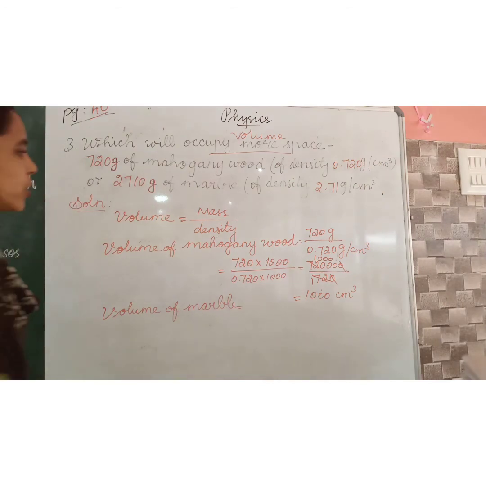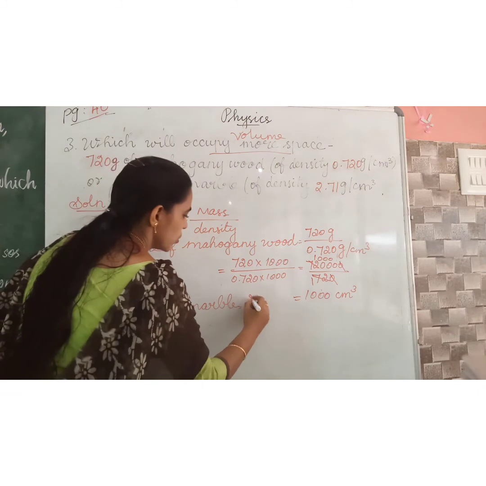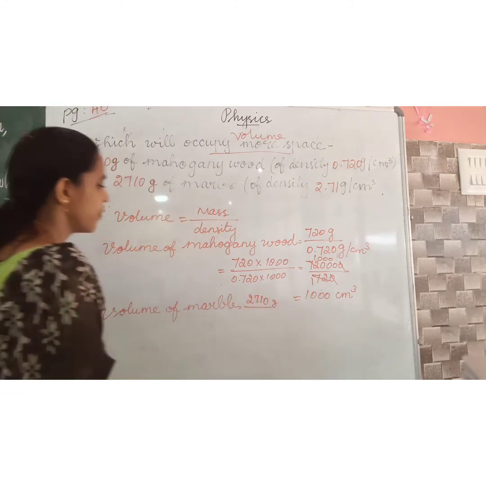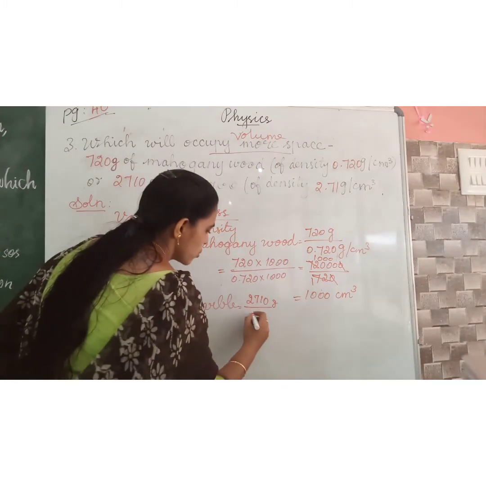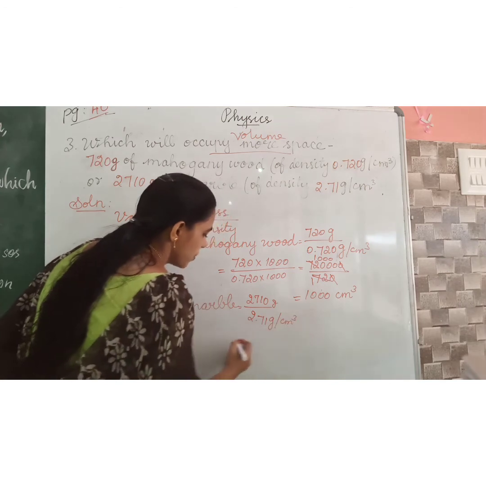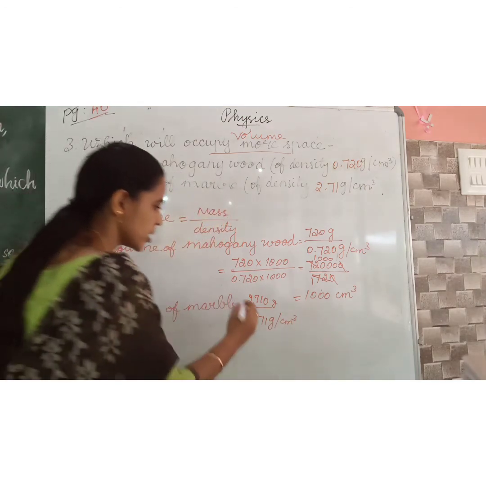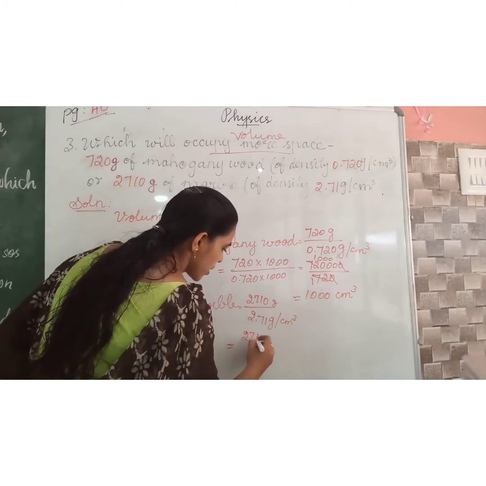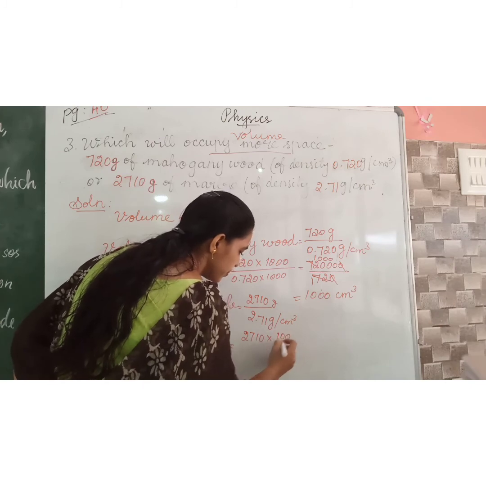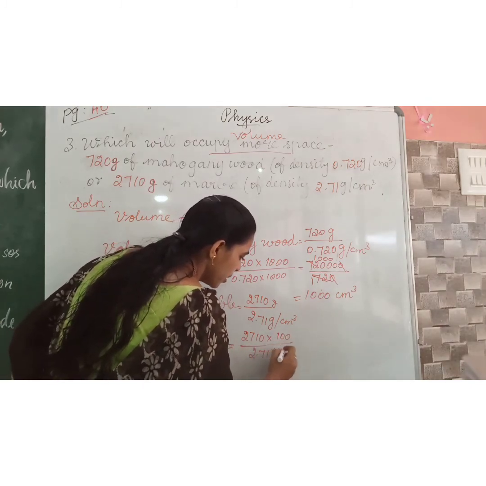Next, the volume of marble. Volume of marble is equal to mass divided by density. So, what is the mass? 2710 gram divided by density 2.71 gram per centimeter cube. Here also we have a decimal number, so we have to change this decimal. 2710 into 100 divided by 2.71 into 100.